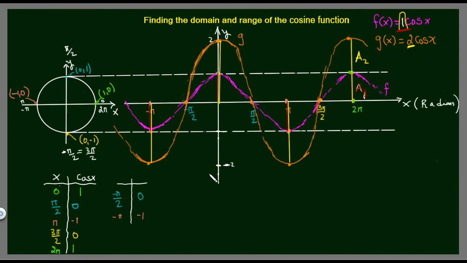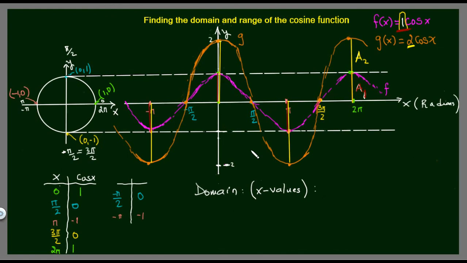Now we will answer the question that we had at the beginning of this exercise. We need to find the domain and range of the cosine function. This is what we're going to do now. The domain of this function is all about the x values, all the values on the x-axis.